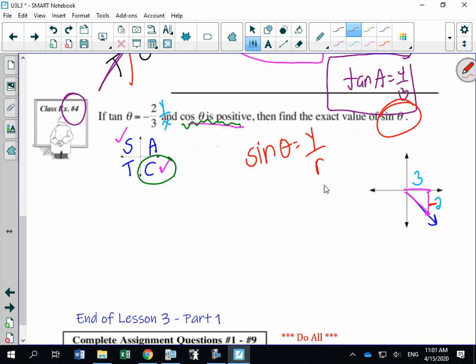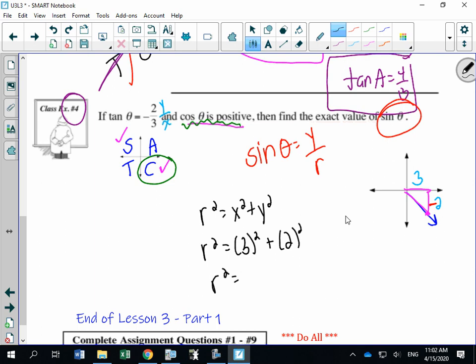So I'm going to use Pythagoras' theorem to get r. R squared is equal to x squared plus y squared. R squared is equal to 3 squared plus 2 squared. I'm not putting in the negative 2 because I'm just dealing with the triangle, and I'm going to do my distance. R squared is equal to 9 plus 4.